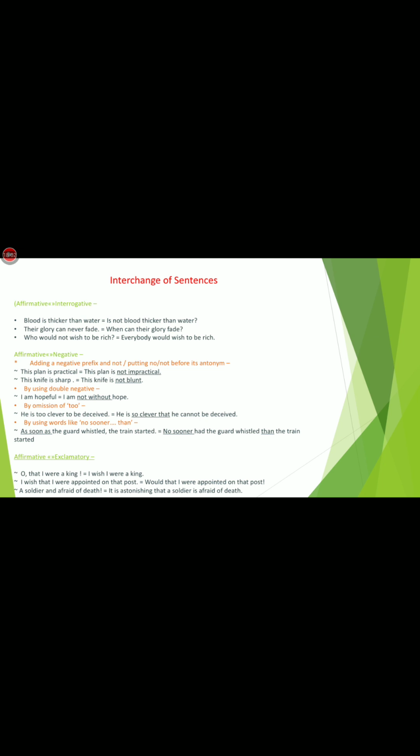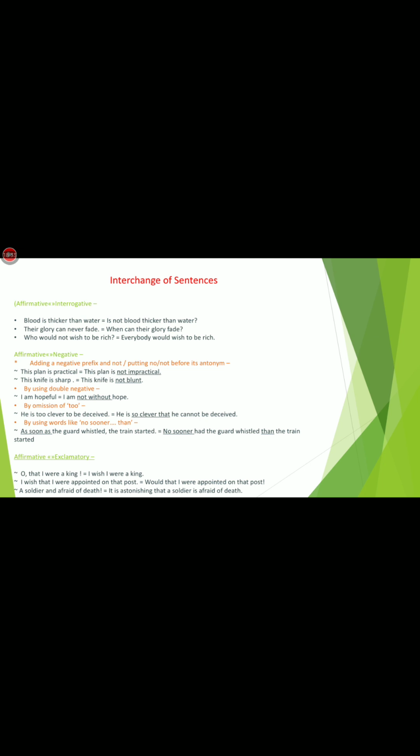Now when we change the affirmative or declarative sentence, a positive sentence, into a negative sentence, there are certain rules to do it. The first rule is adding a negative prefix and not. A prefix is a small syllable that is added to a word to make it into its opposite, or by putting no or not before the antonym.